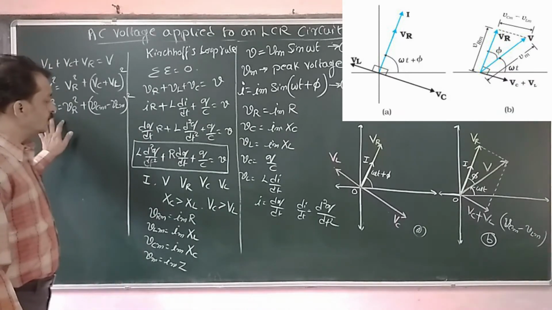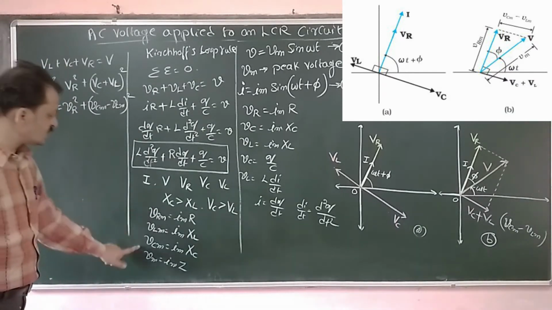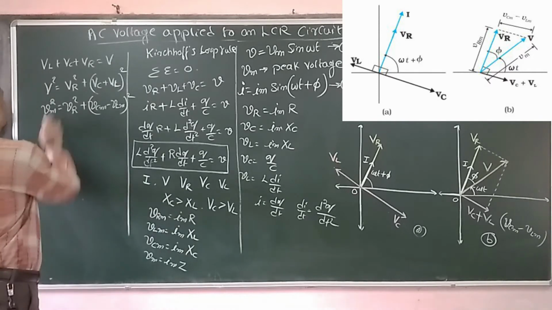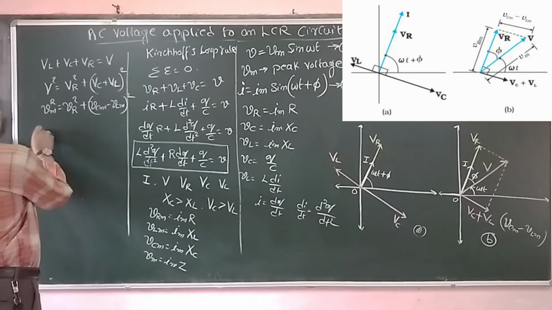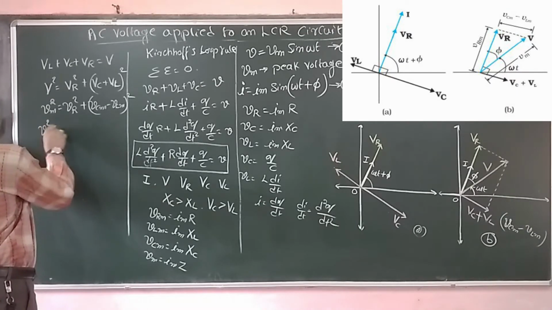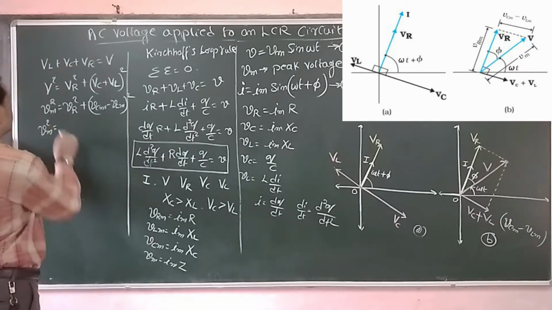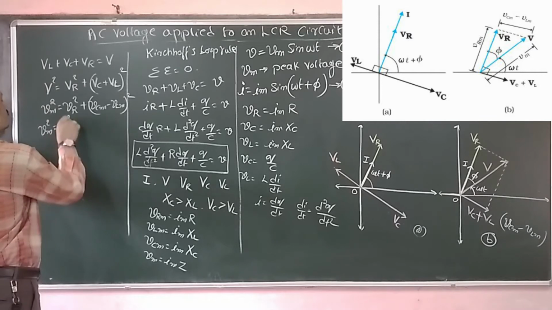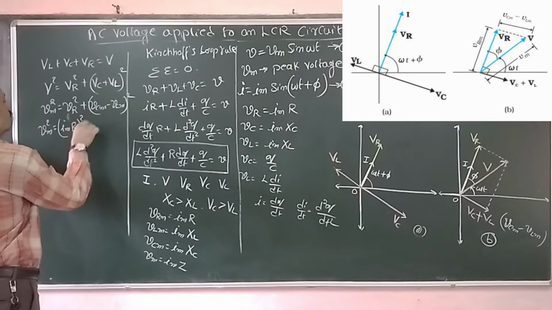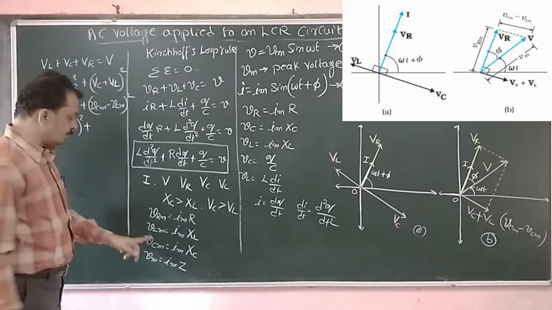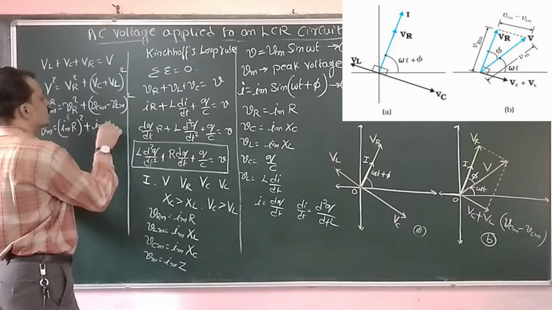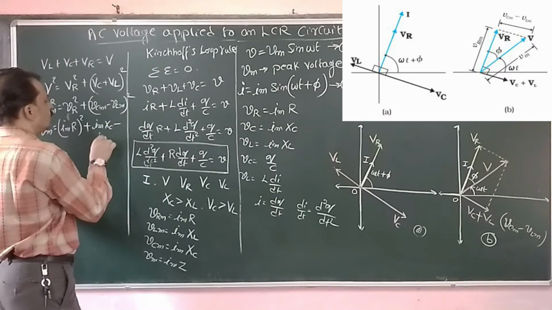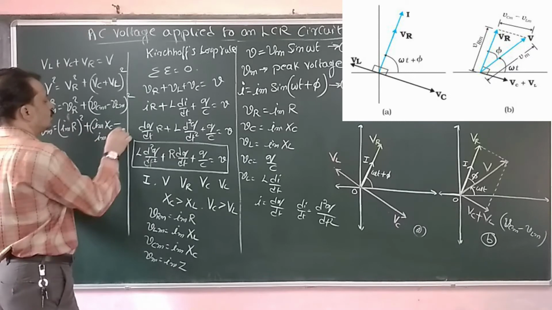Now substitute these values here. Vm square as it is. Vr square is Im into R whole square plus VCM minus VLM, that is Im into Xc minus Im into XL whole square.